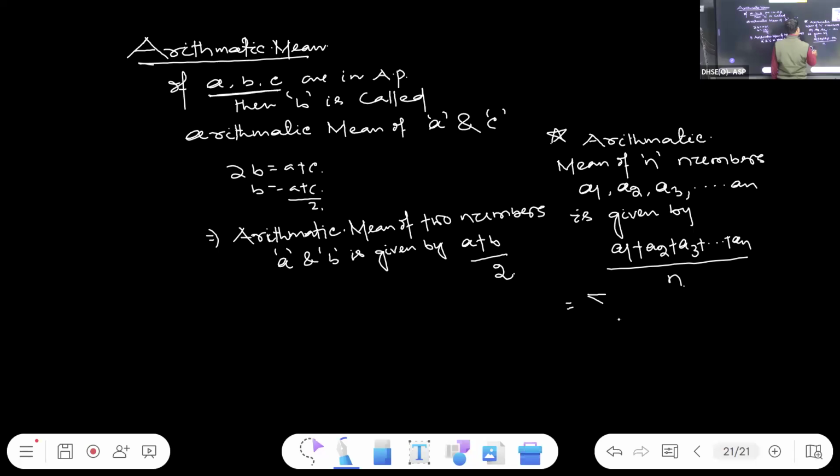This is equal to sigma i is equal to 1 to n, Ai upon n.